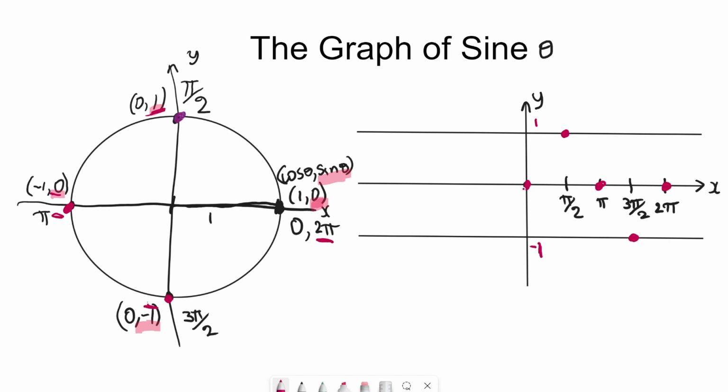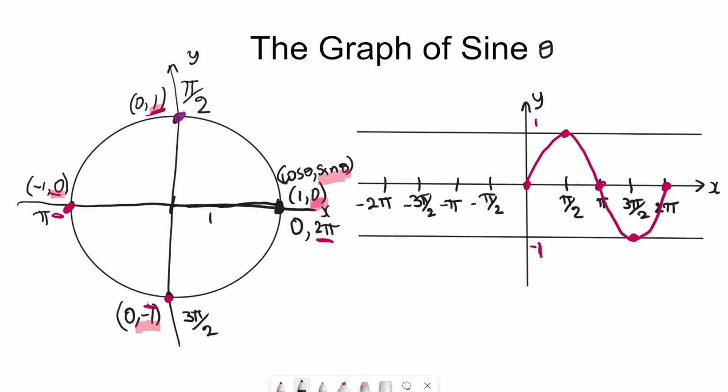So now when I connect my dots, this is what my sine function looks like. And we can actually do the same thing on the other side. So you have pi, 3 pi over 2, and 2 pi. But these are all negatives. So let me put the negative signs here.